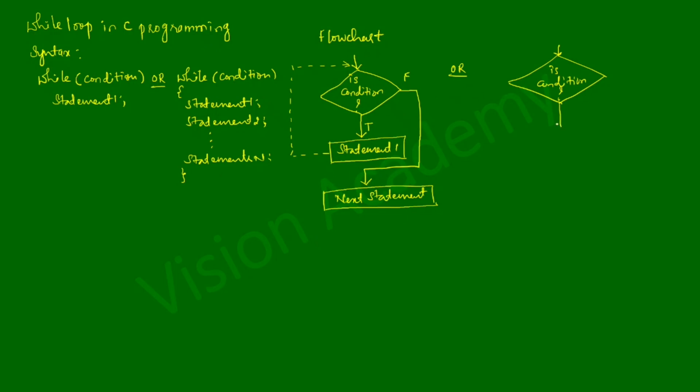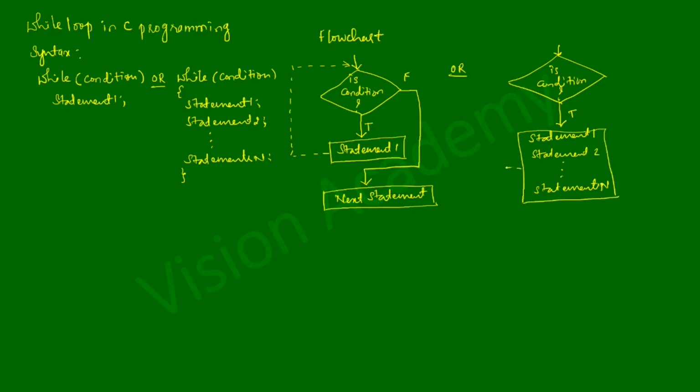Now, if this condition is true, then a set of statements must get executed. So you can check out the second syntax. We have certain statements. I'll write here statement 1, statement 2, and so on. We can have n number of statements. So this one should be written in a rectangular box.